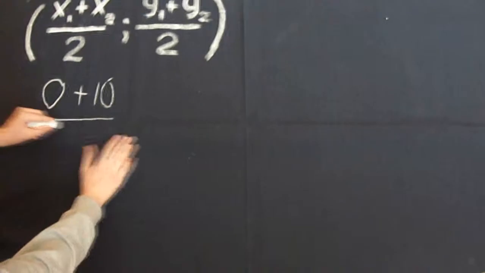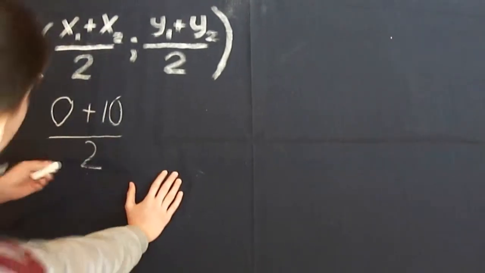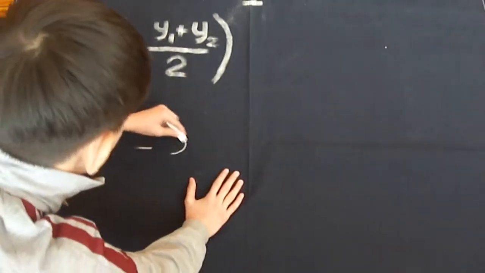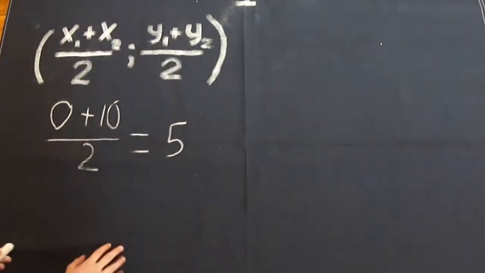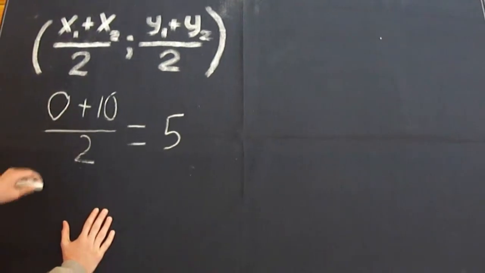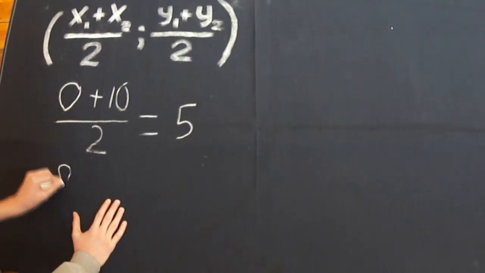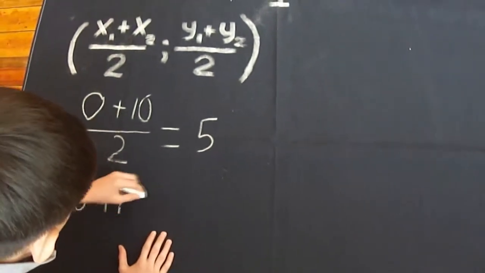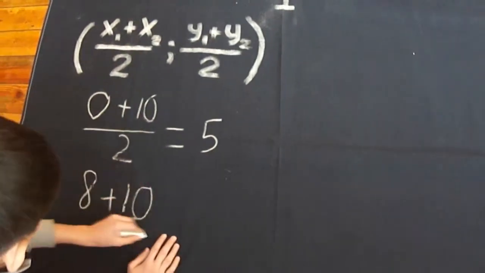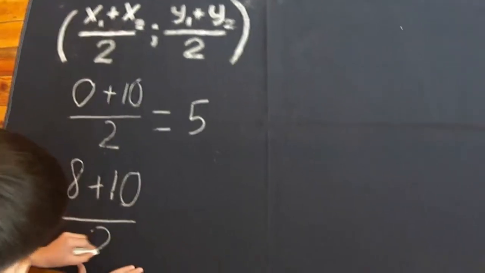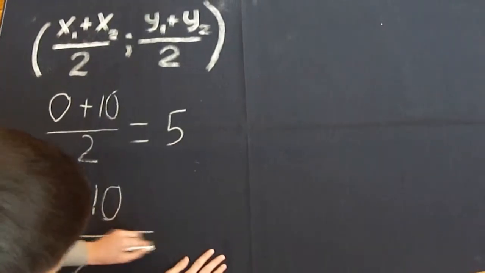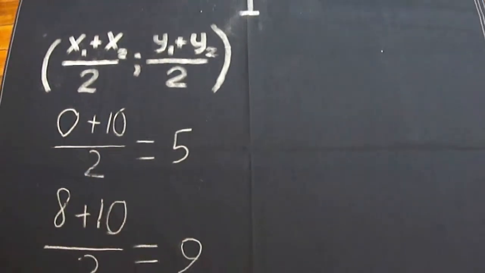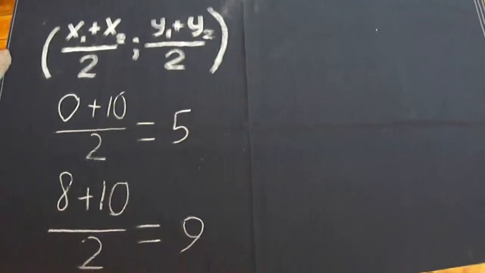So it's over 2, and it is equal to 5, and we have y1 is 8 plus 10 over 2, so it's 9, and I'm going to show the midpoint on our sample.